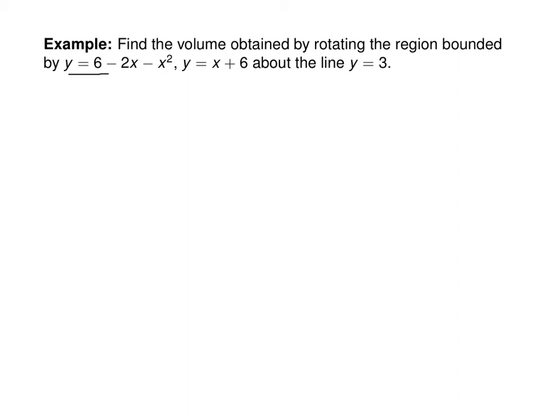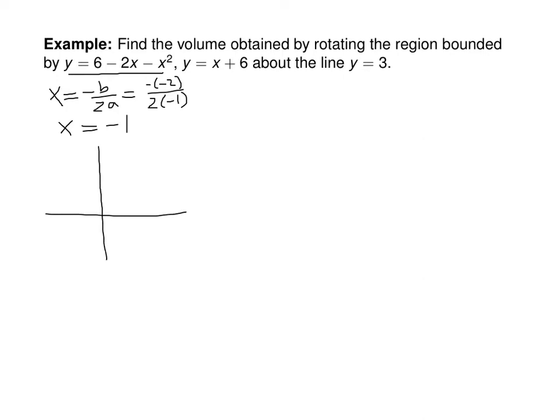So y equals 6 minus 2x minus x squared. That parabola has a vertex at x equals negative b over 2a, which is negative 2 over 2 times negative 1, which ends up being at x equals negative 1. That'll help you graph your parabola. So you know that when x is 0, y is 6.